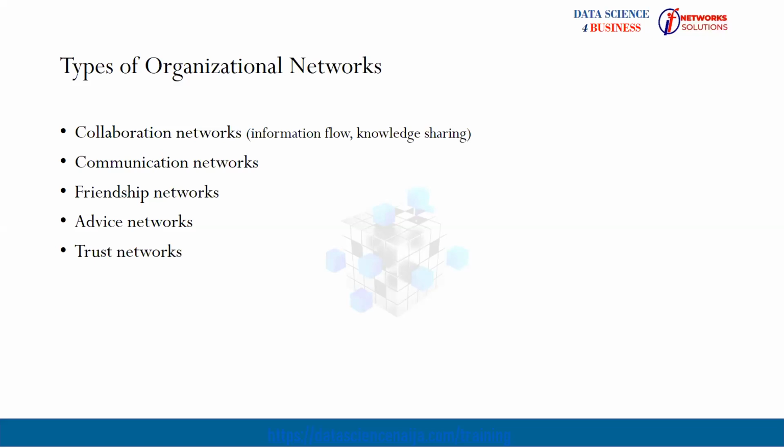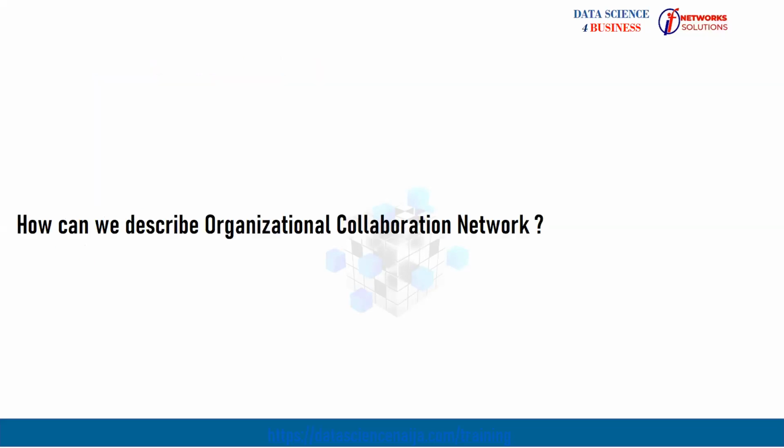And if they are captured, they could be used to do a lot of things to improve that particular organization. So how can we describe this network? Like I always do for the training, we'll look at the theories first, and then go to the practical, so that will lay a good foundation for the practical that we are doing. So how can we describe organizational collaboration?